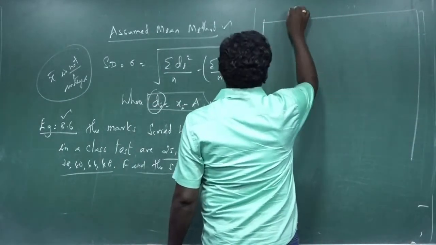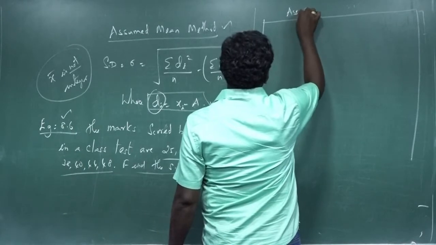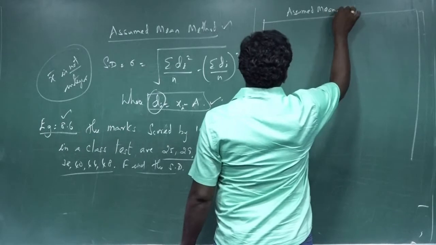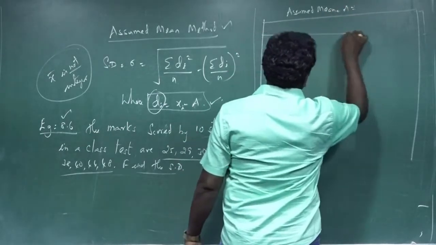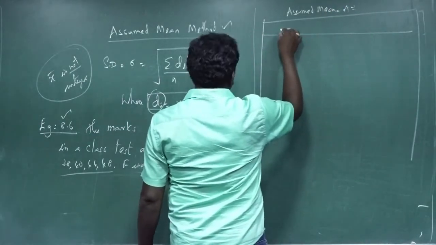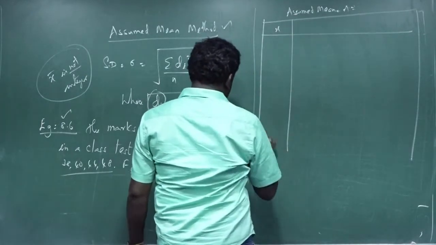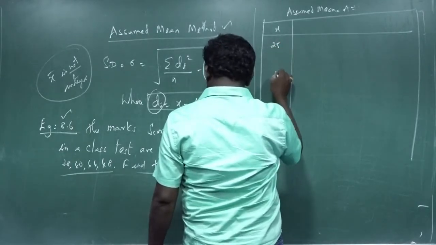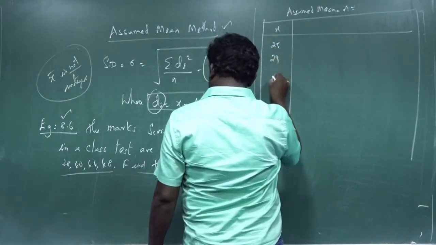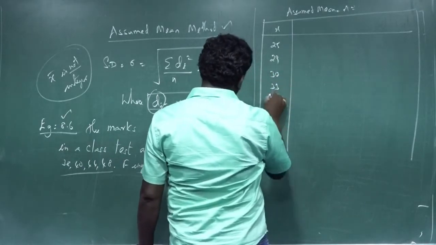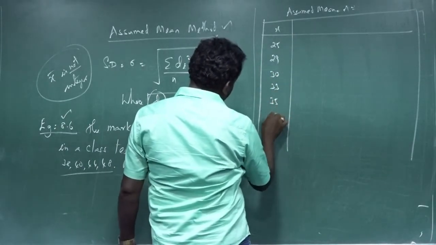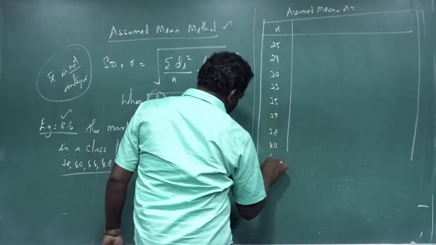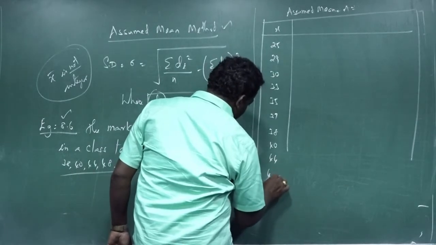Here we want to assume the mean, defined by a. The x values are given in ascending order: 25, 29, 30, 33, 35, 37, 38, 40, 44, 48. This is the given data.